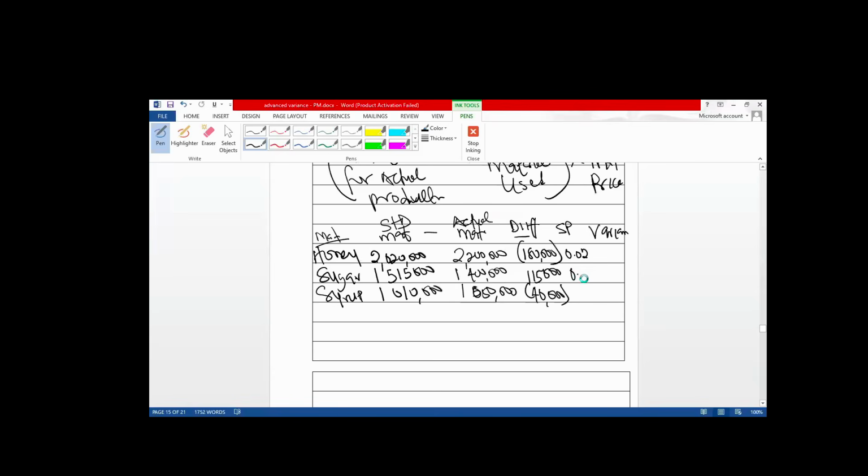This is 0.03, 0.025. Get your variance. 180,000 multiplied by 0.02. This is 3,600 adverse. Next, 115,000 multiplied by 0.03. 3,450 favourable.